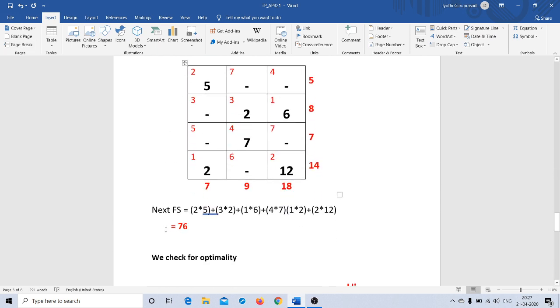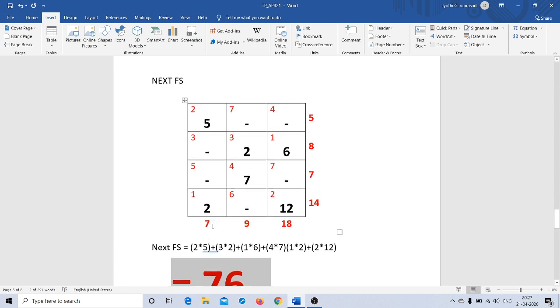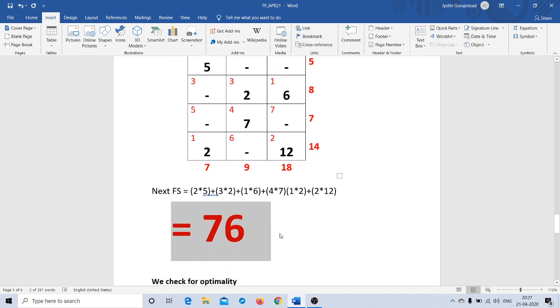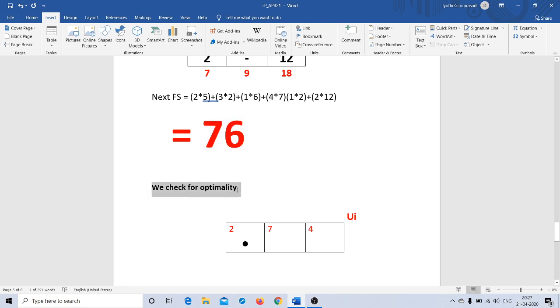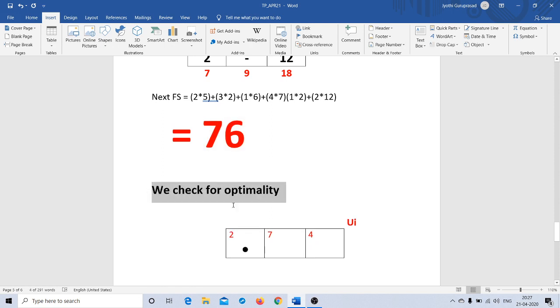My next feasible solution comes out to be 76. So from 102 I moved to 82, and from 82 I have moved to 76. Now 76 happens to be the latest obtained feasible solution. Let me check whether this particular feasible solution is optimal or not. So again I have to proceed for optimality.